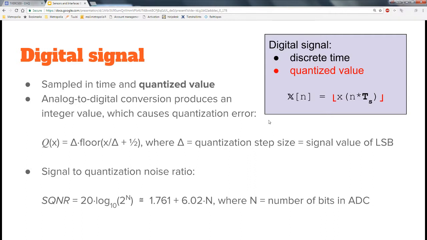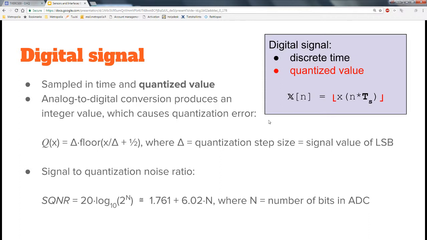The sampling usually doesn't give you any big errors, since even some jitter in the sampling time doesn't affect the result that much, but the biggest error source is the quantization, and there's actually the signal to quantization noise ratio, and there's even a formula for that one.